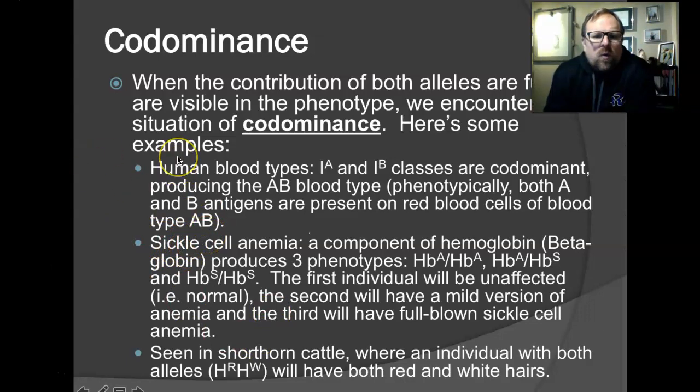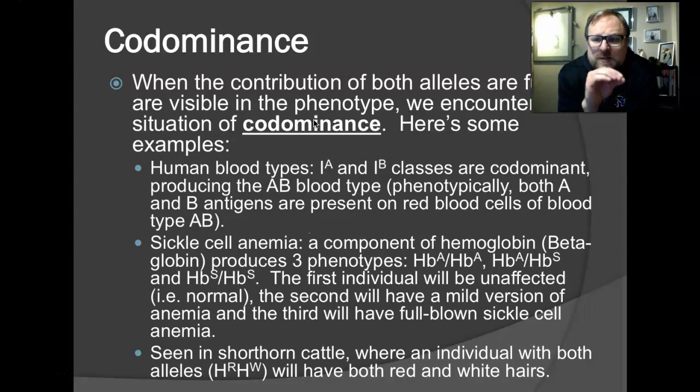So codominance is the last type I want to talk about, well, before we get to dihybrid crosses. And this is a similar situation to incomplete dominance, but in incomplete dominance, when an individual was heterozygous, we had a mixing of the two. So red and white made pink. Okay. In codominance, when we have a heterozygous individual, both traits get displayed equally.